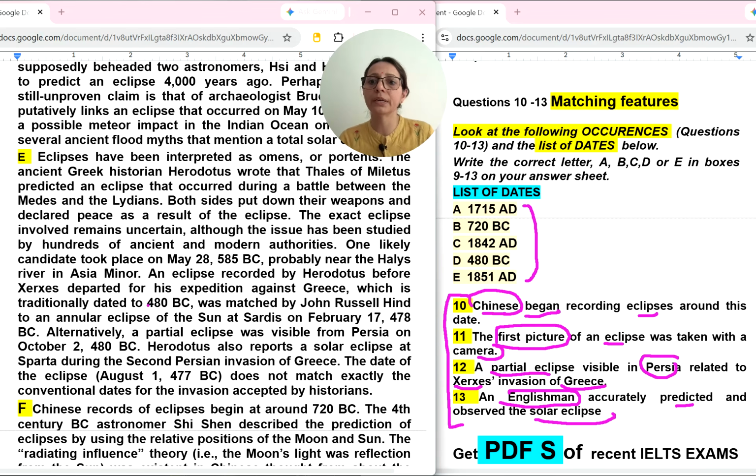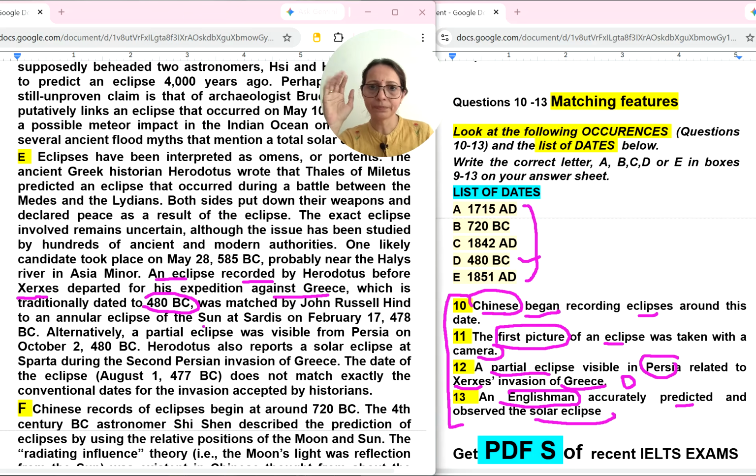Let's read it. 480 I can see over here. An eclipse. Oh, the Xerxes word is here. See this. Without reading too much, we have got everything. An eclipse recorded by Herodotus before Xerxes departed on his expedition against Greece, which is traditionally dated to 480 BC. So 480 BC I will select with this.